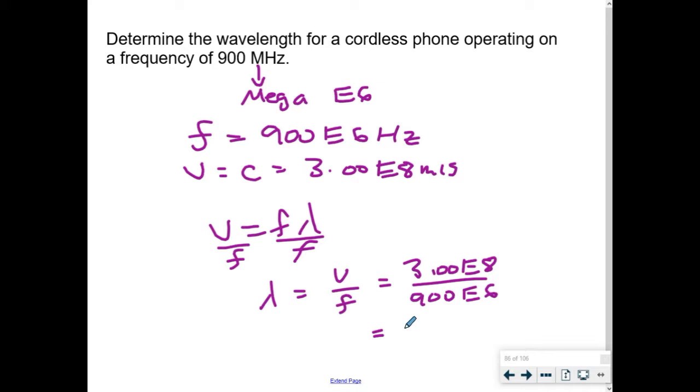So I got a wavelength of 0.333 repeating. With sigdigs, I guess that's where it would end, 0.333 meters.